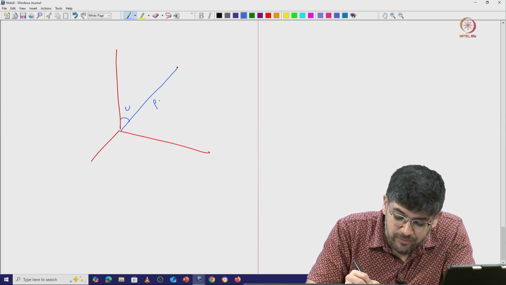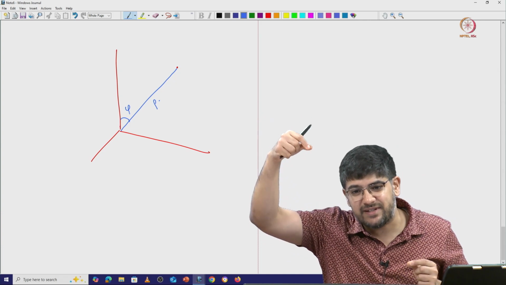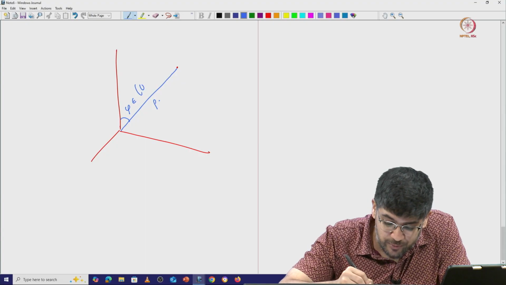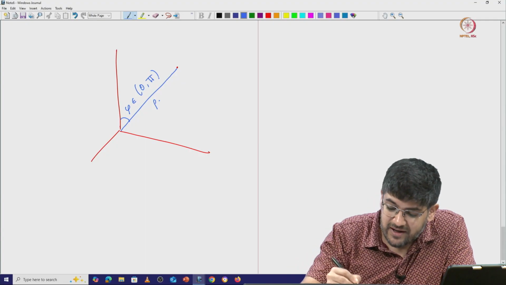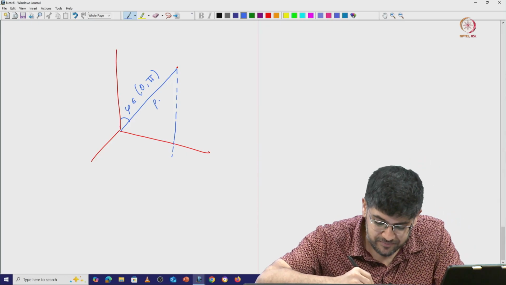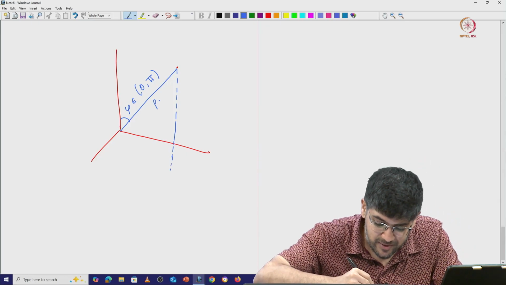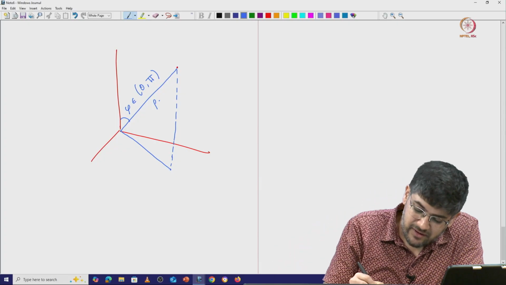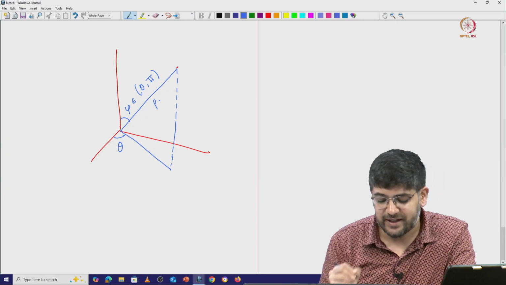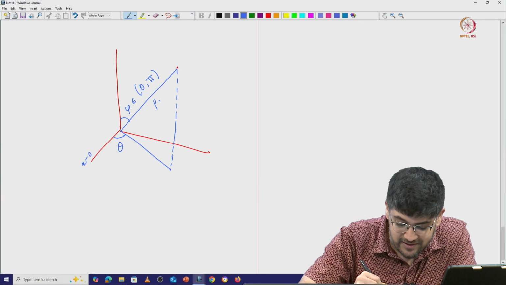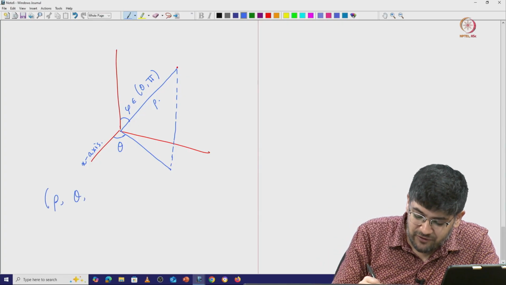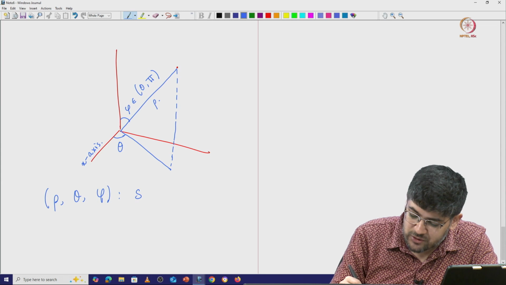The angle that this radial line makes with the z axis is called the azimuthal angle phi. So this phi is going to be some angle between 0 and pi, and then you project this down to the xy plane, and the resulting line connecting this to the origin in the xy plane makes an angle theta with the x axis. So this is the x axis. So these rho, theta, phi are called spherical coordinates.